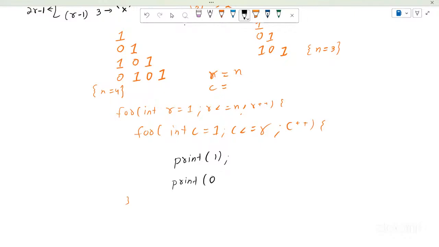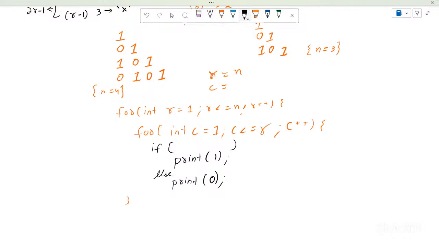So let's say there would be certain condition when I'm printing 1 and there would be certain condition when I'm printing 0. Can you help me identify that condition? There are various ways to come up with that. I just want you to give it a shot.